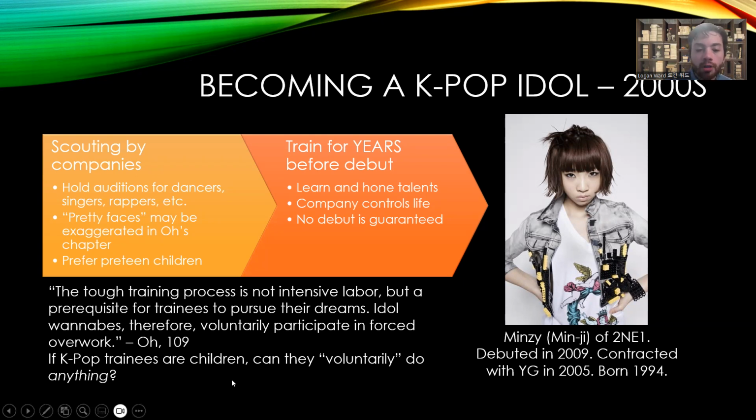So I think this is a huge oversight, and very misleading in how O discusses this chapter. I'm going to update this chapter for next semester, but we need to put that in perspective. These are children. Yes, they're training and achieving their dream, but they cannot do anything voluntarily, right?